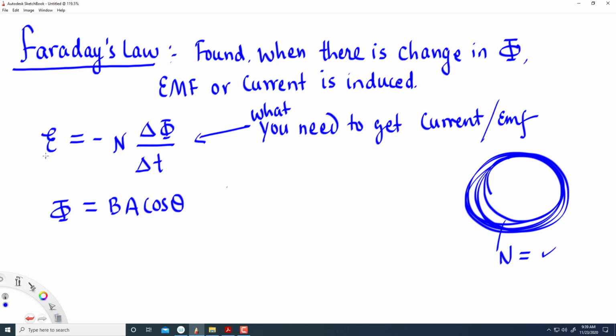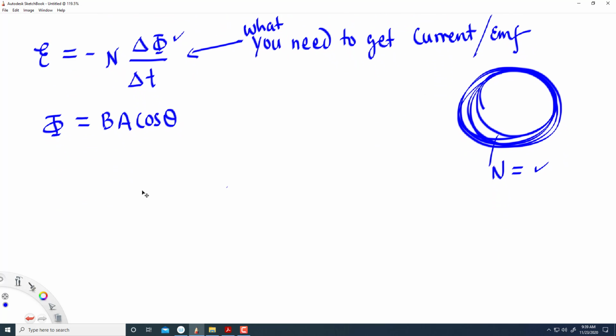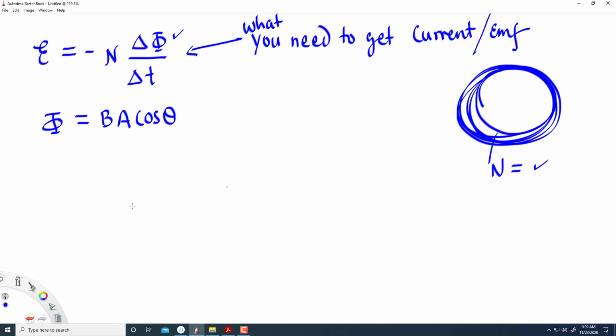So we want to get E. To get E, we will change phi. Now, how many ways we can change phi? Our main purpose here is to change phi to get E. Okay, so how many ways you can change phi?